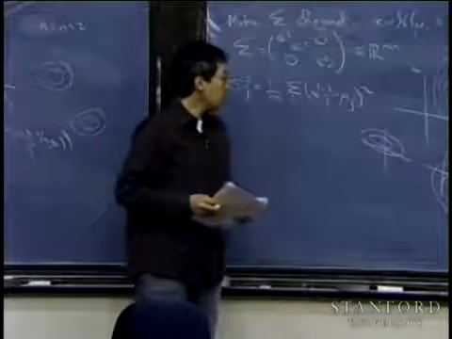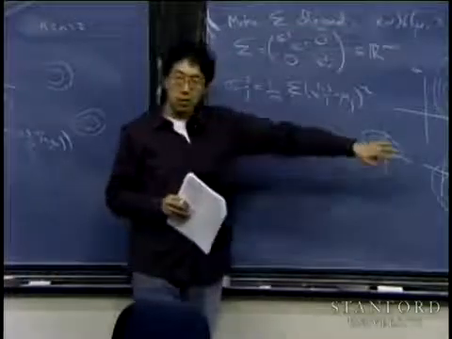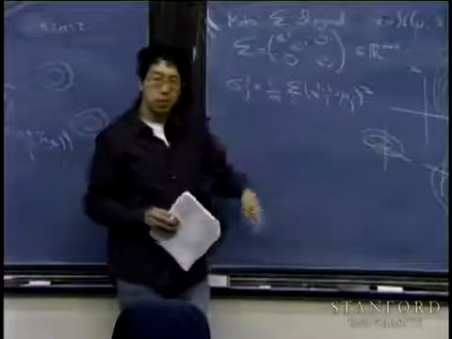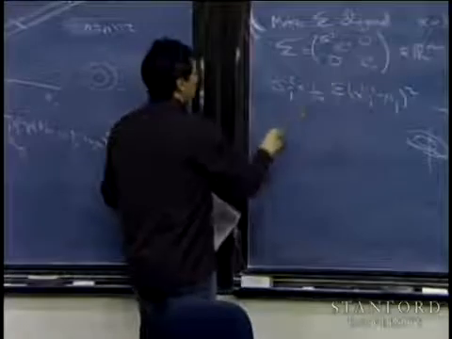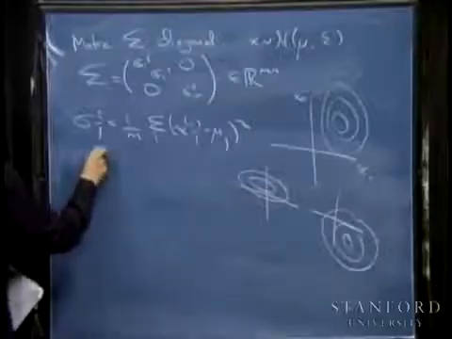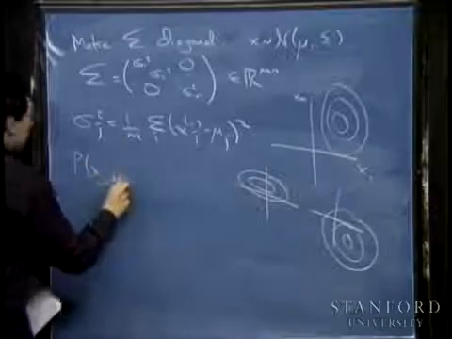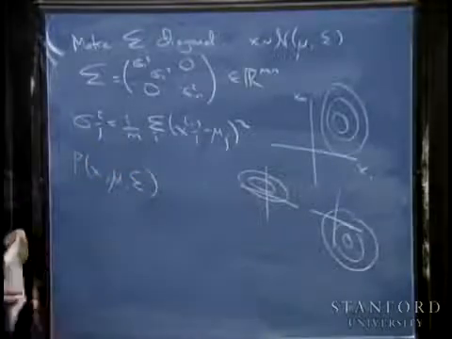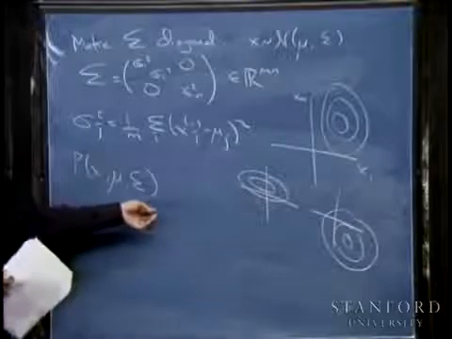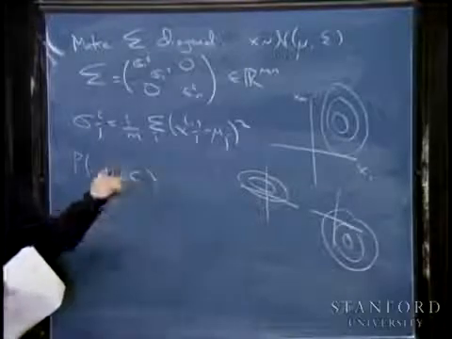Oh, okay. So these are the contours of the Gaussian density that I'm drawing, right? So let's see. Suppose the covariance matrix is diagonal, then you can ask what is P of X, parameterized by mu and sigma, right? If sigma is diagonal, this would be some Gaussian bump.